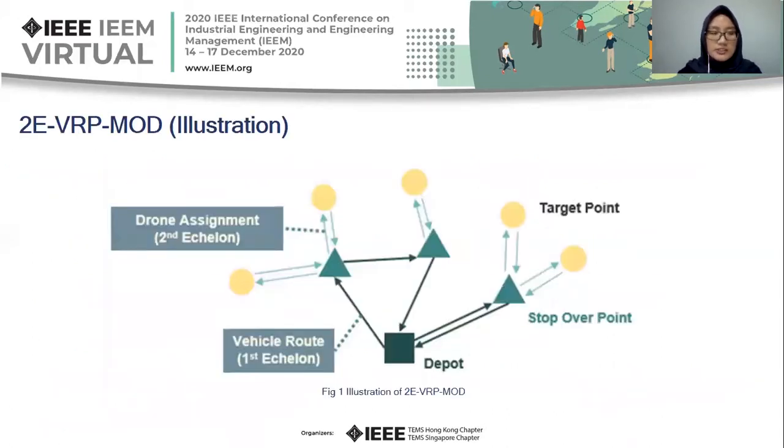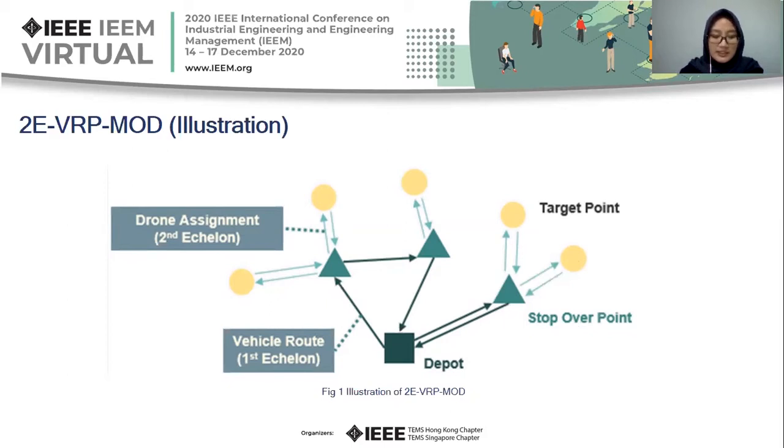Here is the illustration of the 2-EVRP MOD. The ground vehicle travels on a road network near the affected area. When it reaches a certain point, which we can call a stopover point, the drone will fly to the target point here, collect some information regarding the disaster, and return to the stopover point before the battery runs out.